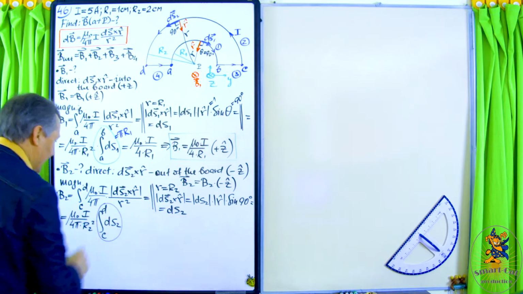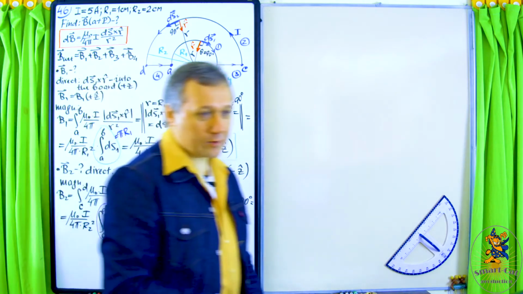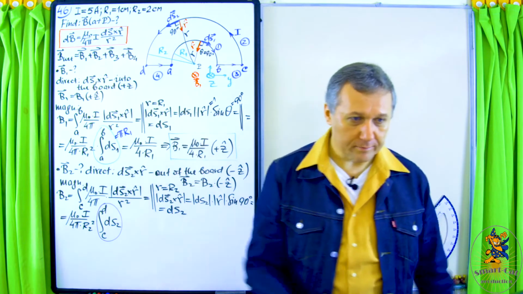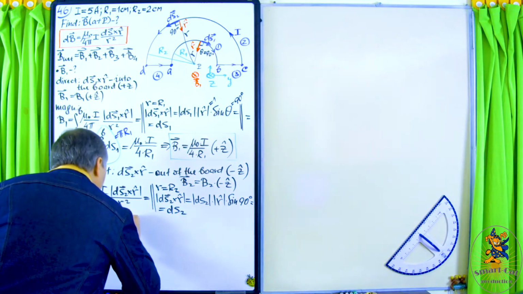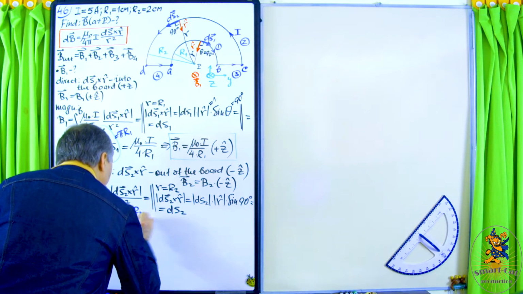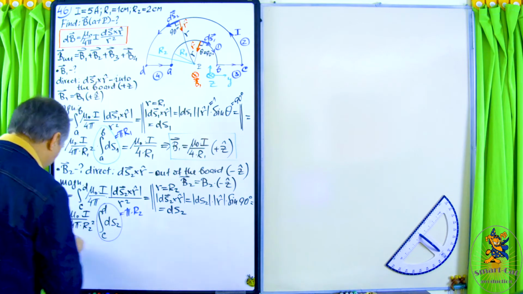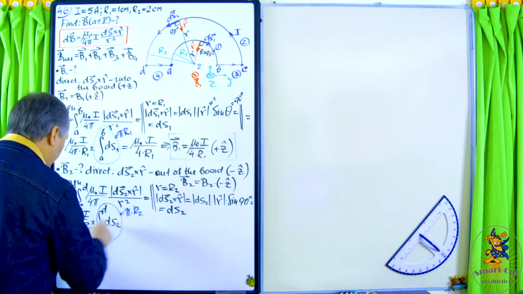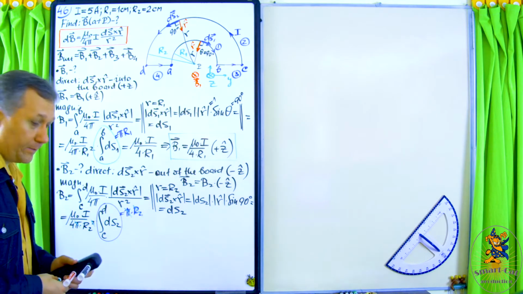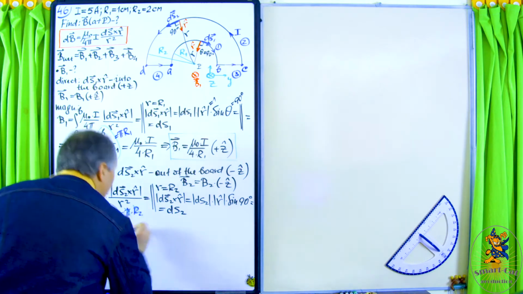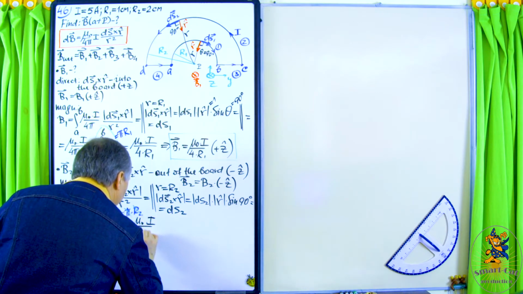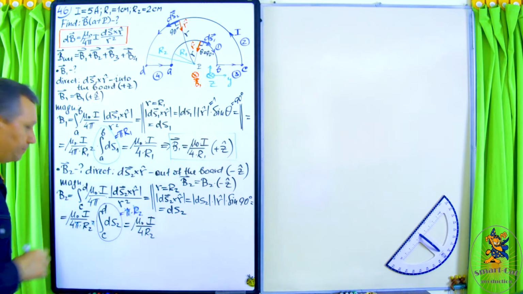So the same question: what's the value of this integral? In calculus 3, you will integrate this and derive it, but we know the answer. It's half of the circumference, pi, but now it's R2, of course: pi R2. Pi cancels, one R2 also cancels. As a result, we're getting the same form: mu naught I divided by 4 R2.